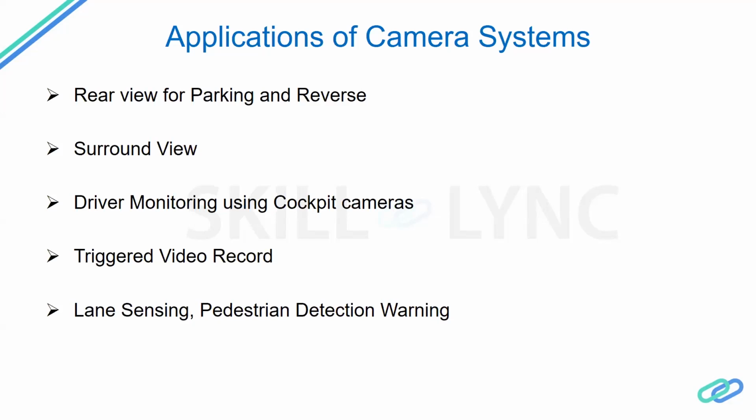And lane sensing and pedestrian detection warning are the systems that will alert the driver when lane discipline is not properly followed, and if any pedestrians are detected very close to the vehicle when the vehicle is moving. So these are some of the applications of the camera systems.